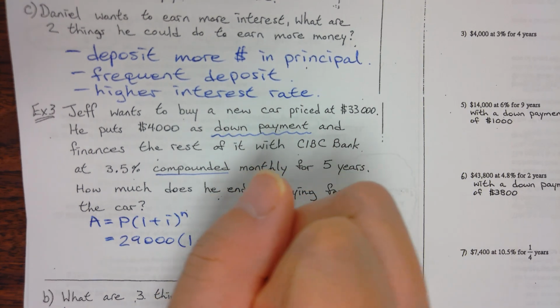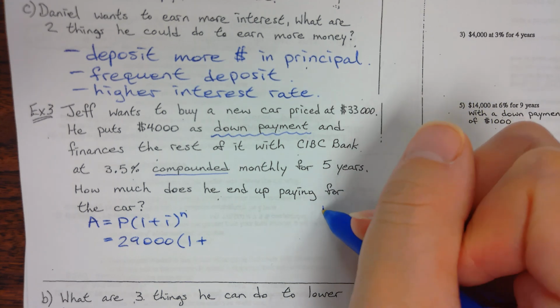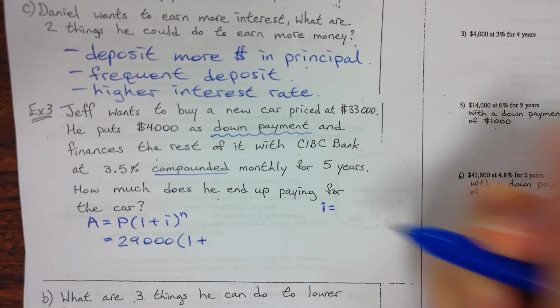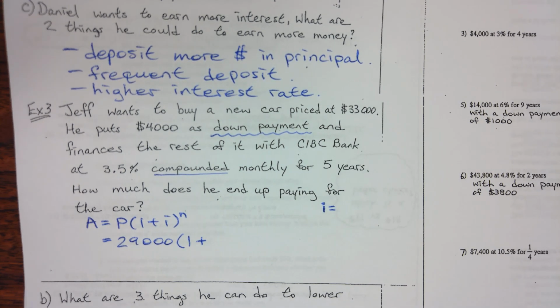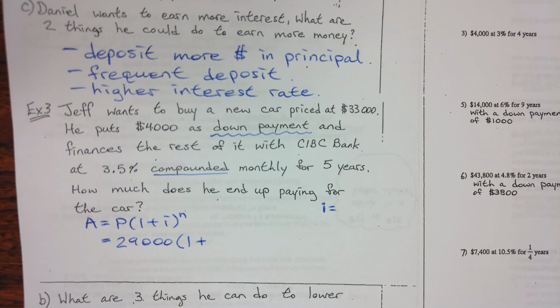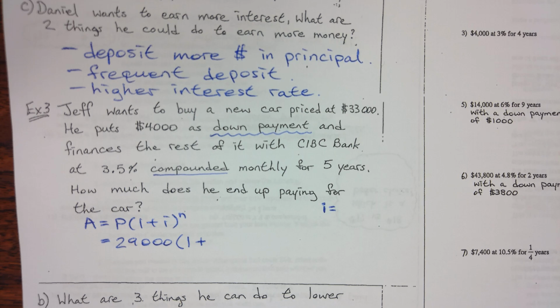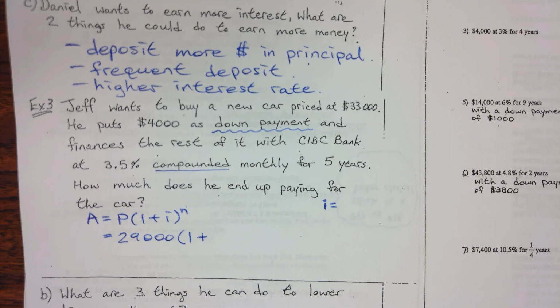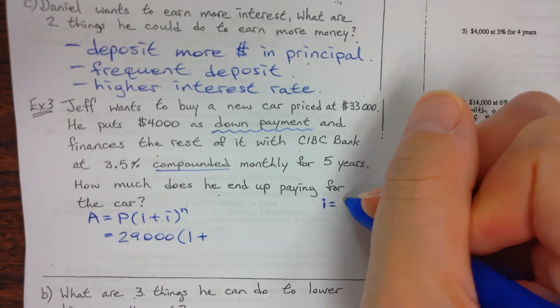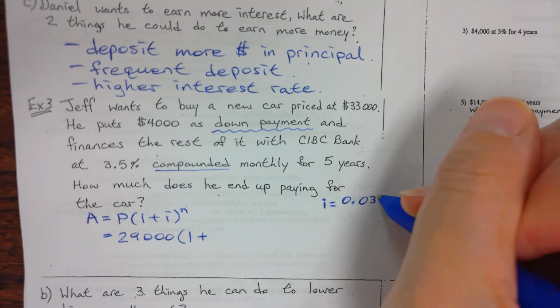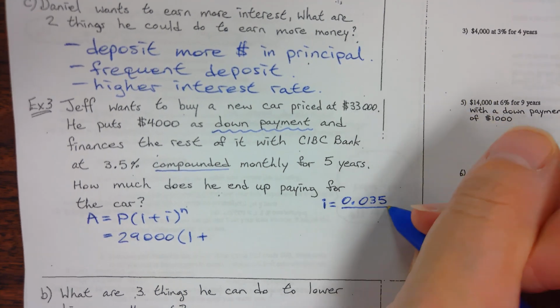And then 1 plus i. So how do I calculate i again? i represents the interest rate. So Badar, how many percent? 0.035. But what do I have to do with this percentage?